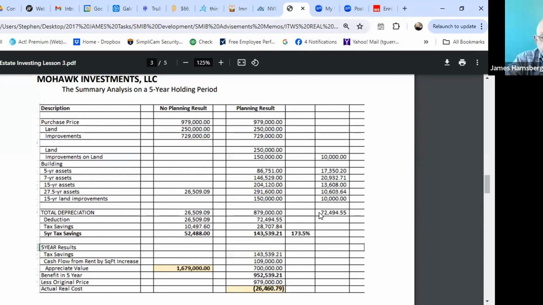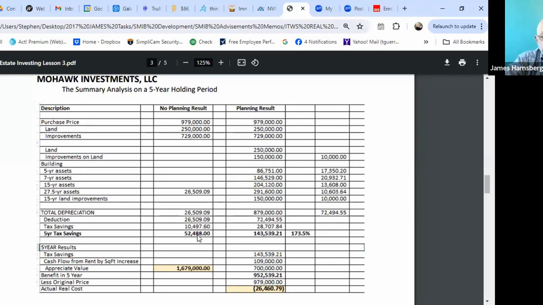So now instead of getting $26,509 in depreciation deduction here, we get $72,495 in depreciation per year over here. When we take the total depreciation of $72,495 rounded up per year, the annual tax savings instead of $10,497 is $28,707.